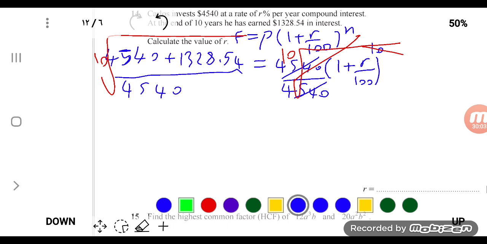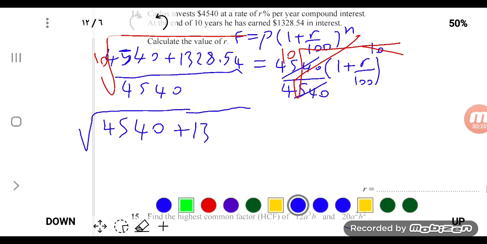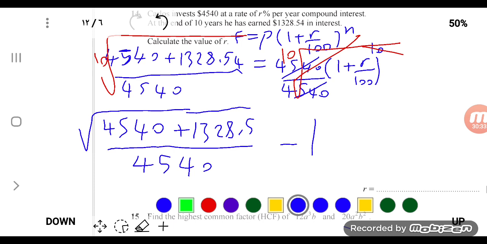Here you have root 4540 plus 1328.5 over 4540. If you take 1 to the left side, minus 1 equal r over 100.